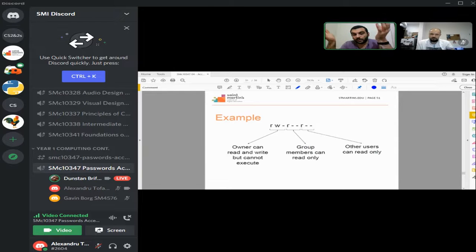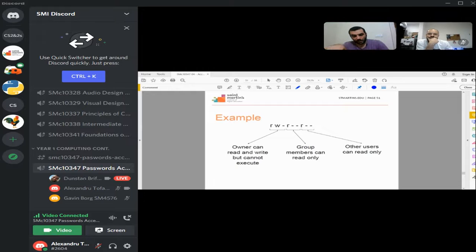Now, it could be that it isn't an executable file, just a document which is either read or write. We can have group members, in this case, who can only read this particular resource, and even the rest of the world can only read this particular resource.